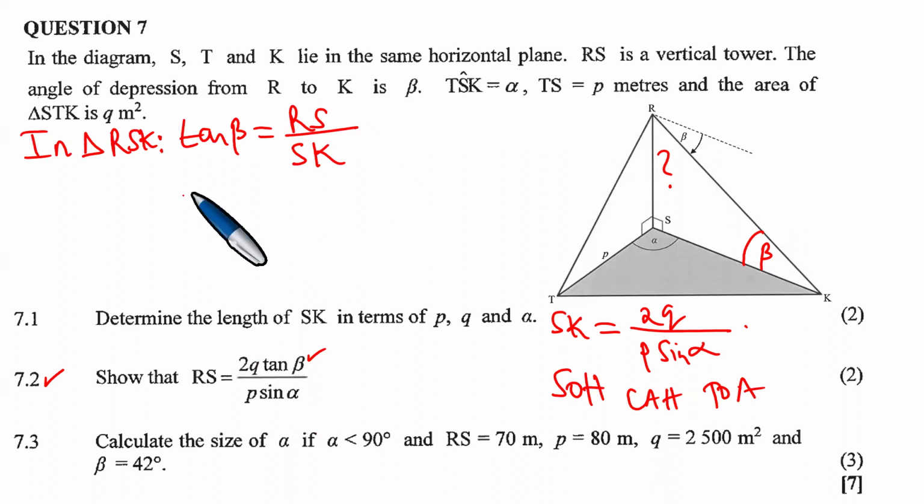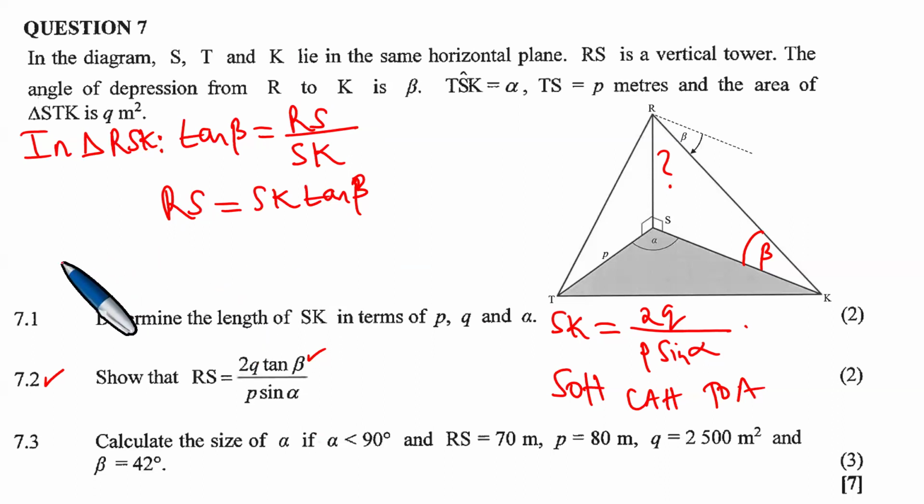We cross multiply and we're able to see that RS is actually SK, the tangent of beta.